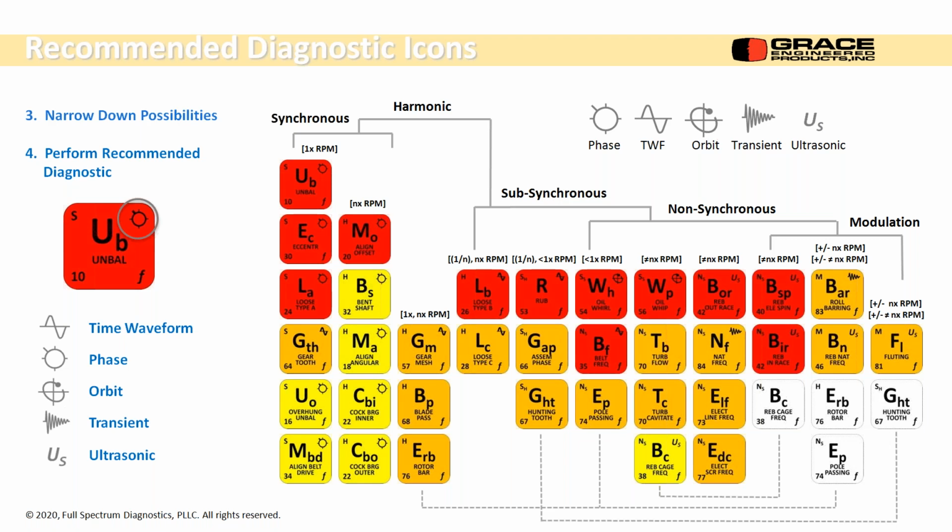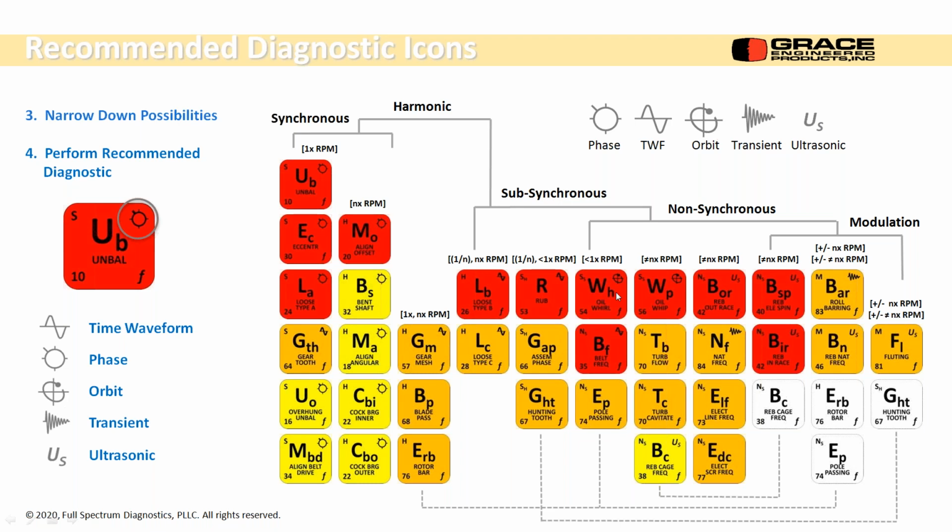And then we narrow down the possibilities. So the recommended diagnostic is the icon in the upper right-hand corner of each tile. And I mentioned before, we have phase analysis, time waveform, orbit, transient, and ultrasonic analysis. Phase analysis, very good for synchronous problems. Time waveform, very good for gear type problems.